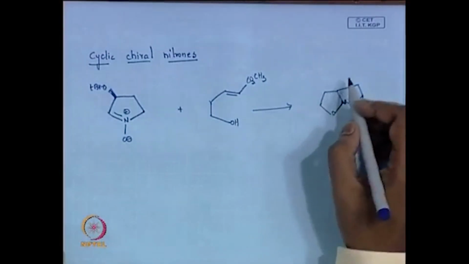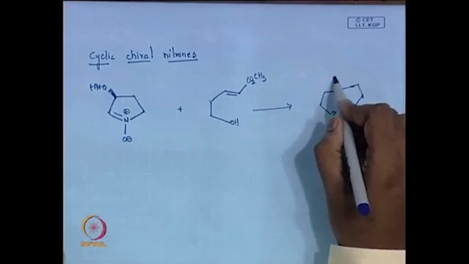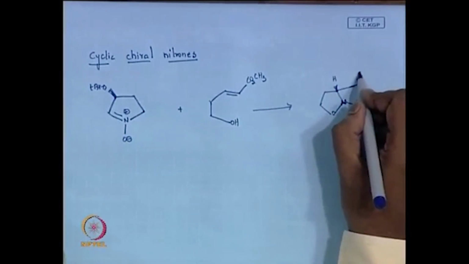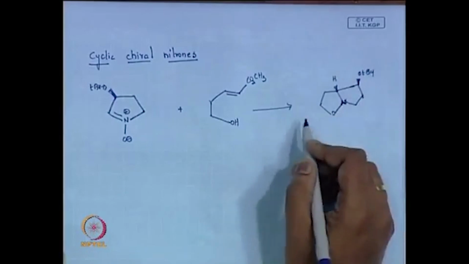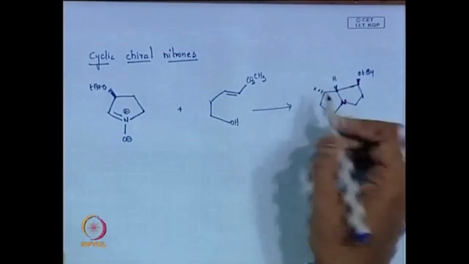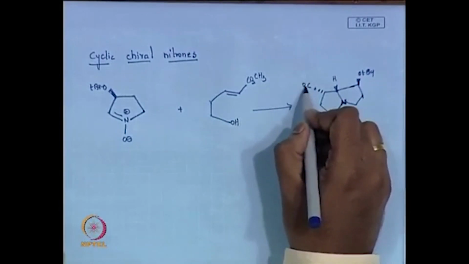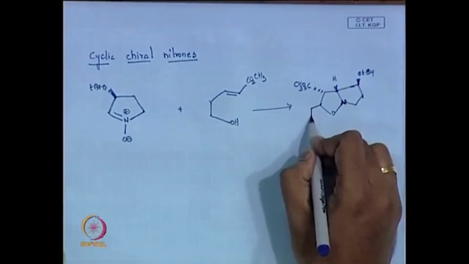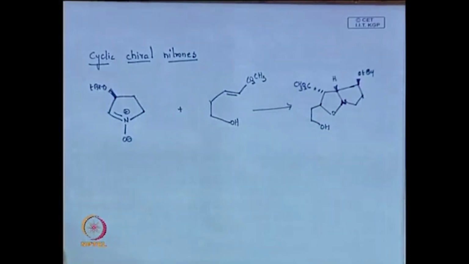Okay. Now, you fix your stereochemistry, hydrogen over tertiary butyl, then your CO2CH3, okay. You end up with this only one product.